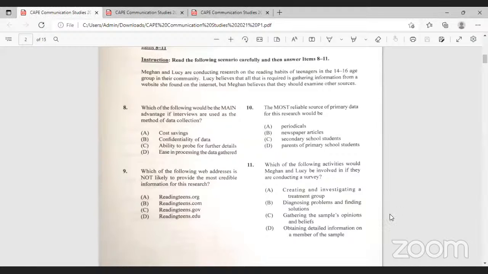Not B, C, gathering the sample's opinions and beliefs, survey. Right? So obtaining detailed information on a member of the sample, meaning one member, is not a survey, that's an interview. So 11 is C. So 8 is C, 9 is B, 10 is C, and 11 is C. Everybody on the same page?